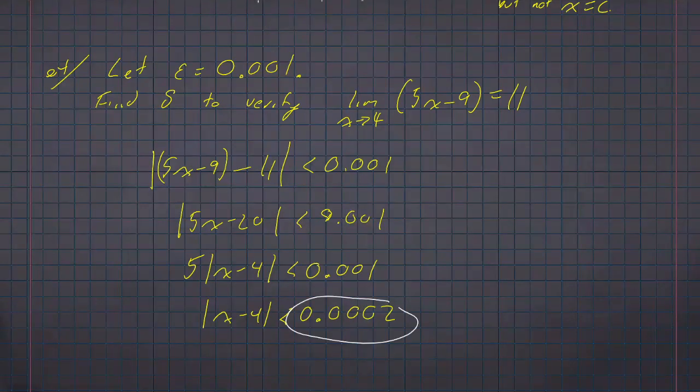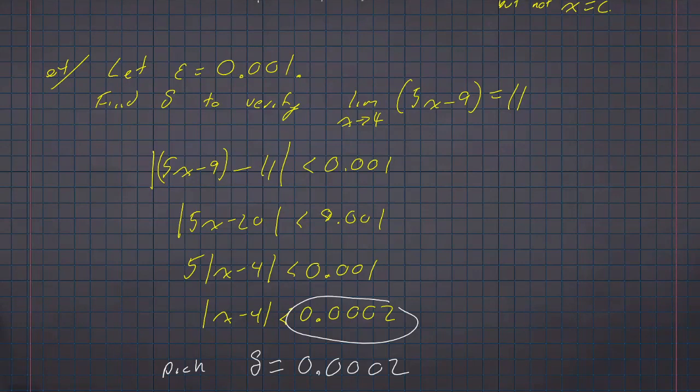We found that the absolute value of x minus 4 has to be less than 0.0002. So if we pick delta equals 0.0002, we can be assured that the definition of limit will be held up.